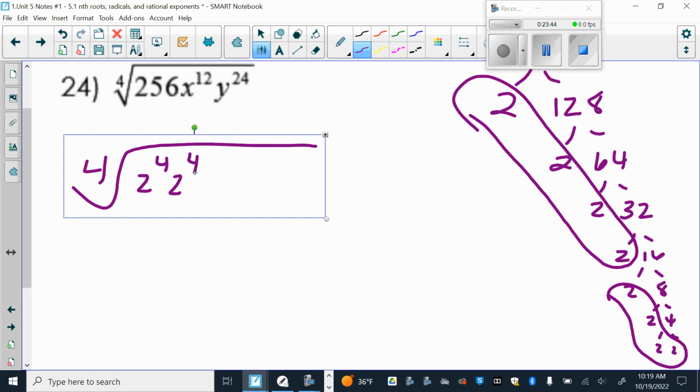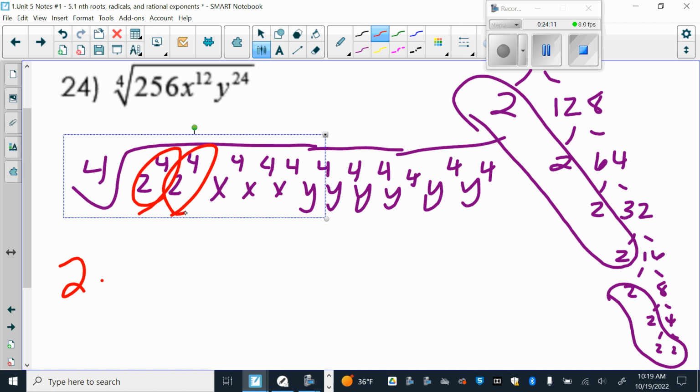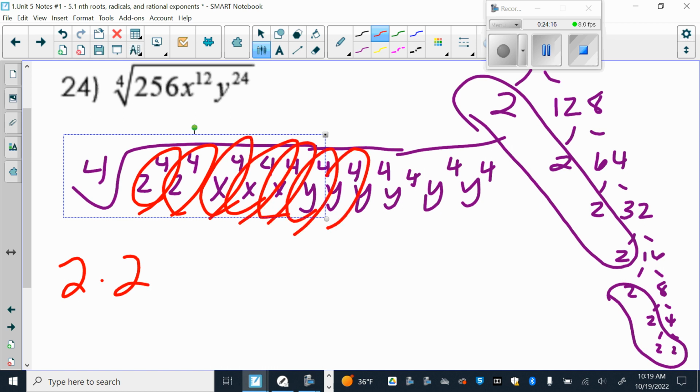X to the 12th is 3 sets, because again, that gives us 4 plus 4 plus 4, which is 12. So that's x to the 12th. And y to the 24th, that's 6 sets. So I can take out a 2 and another 2, and 3 x's.